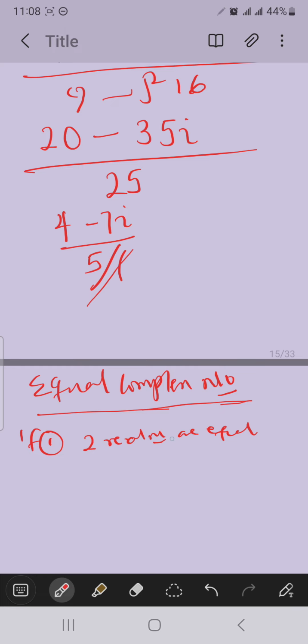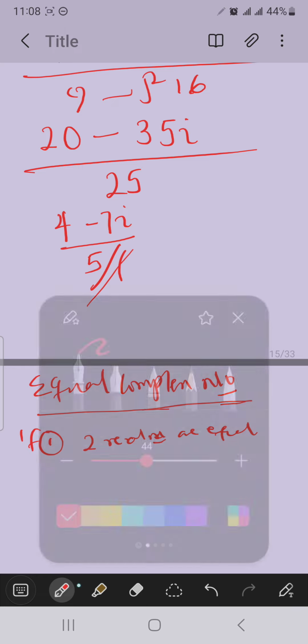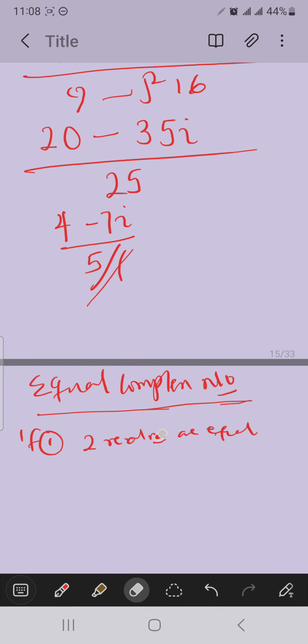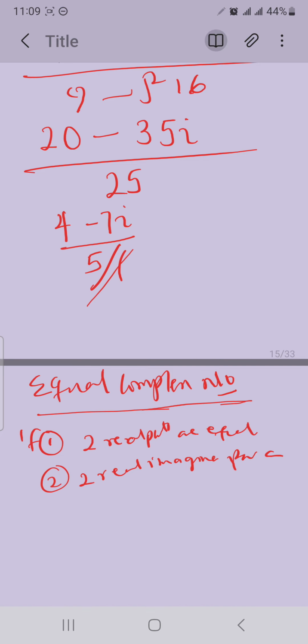Let's say equal parts, not equal numbers. The real parts are equal, and the two imaginary parts are also equal. Now let me give you an example.